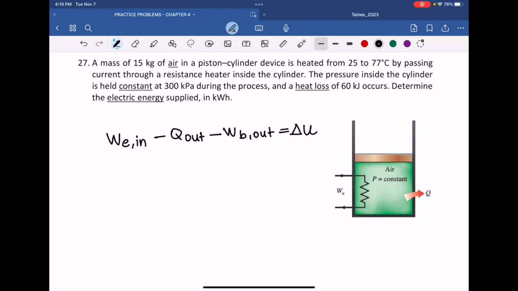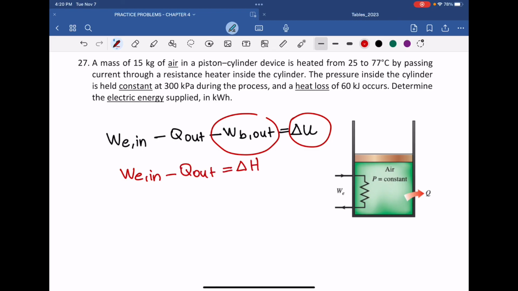And then in this constant pressure process, there is also the advantage where we can combine these two terms and write in terms of enthalpy change. Now, we are asked to calculate electric work.